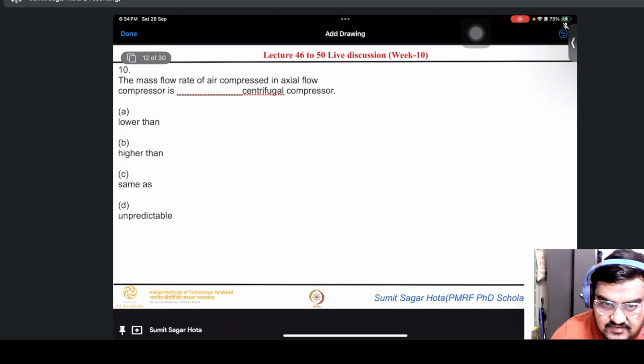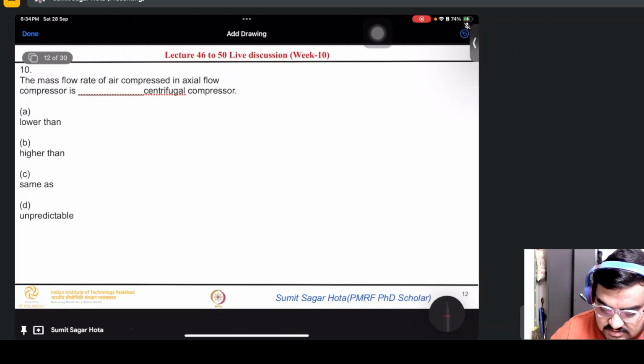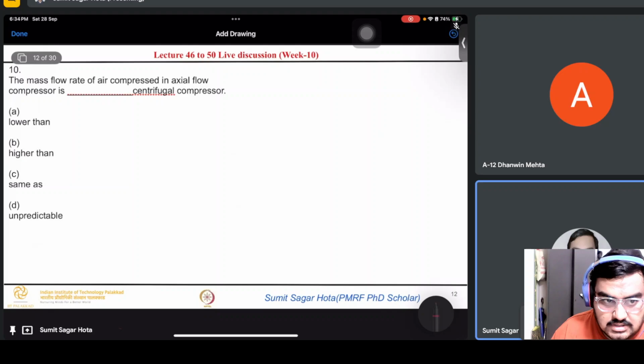The mass flow rate of air compressed in an axial flow compressor is dash centrifugal compressor. The mass flow rate of the axial flow compressor is always higher than the centrifugal compressor.